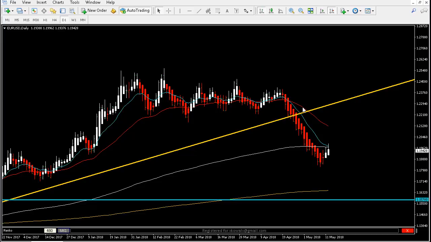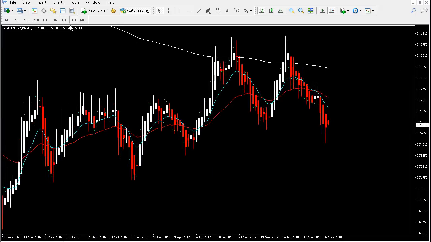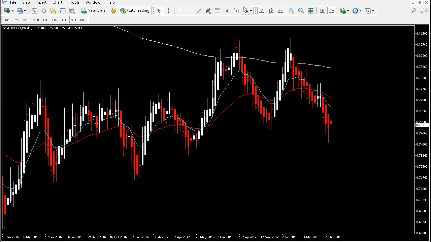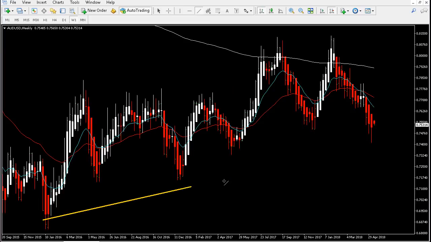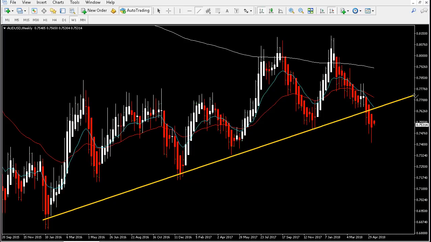Okay, so pay attention to the details. Australian dollar, US dollar, weekly chart. We can draw our lines. One powerful trend line was this. Okay, no matter how you change the angle, that is still a break of this powerful weekly trend line.